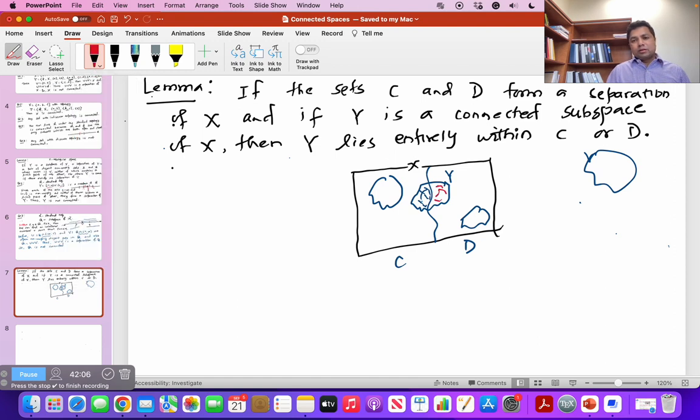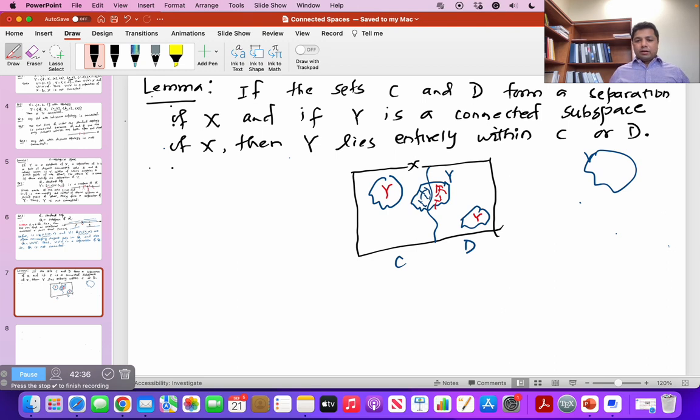The portions that I have highlighted in red and blue form a separation of Y, and that's going to be a contradiction to Y being connected. So that's why Y has to lie entirely either in C or in D. It cannot be part of both C and D. That's the statement of this lemma.